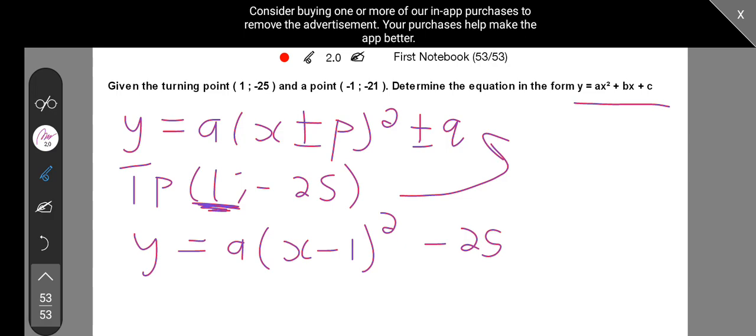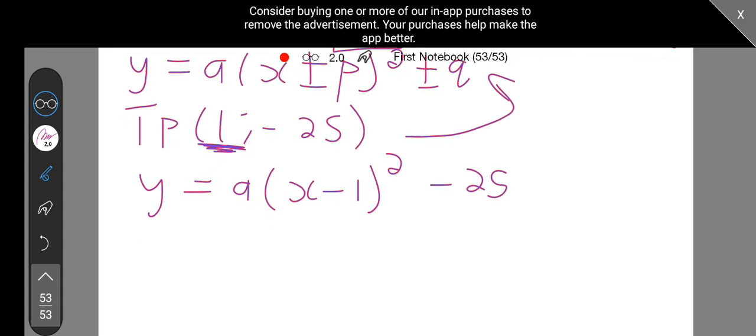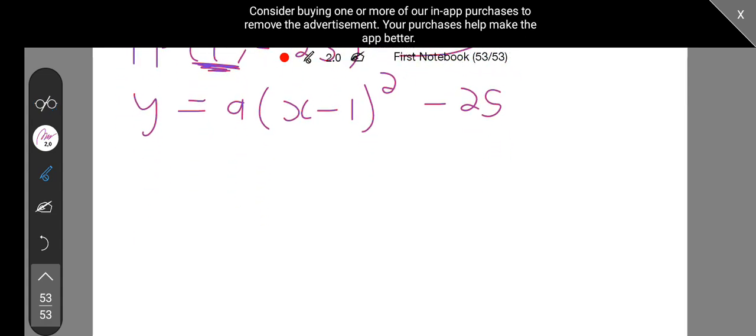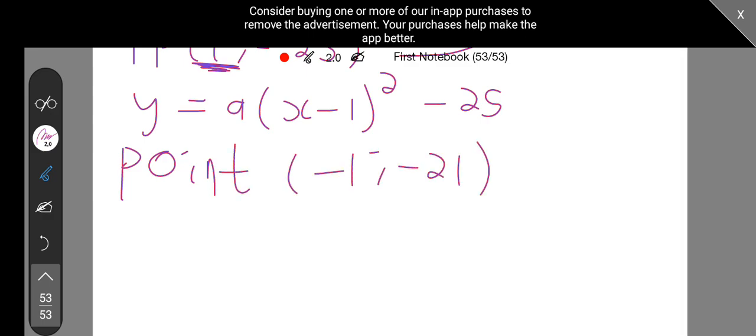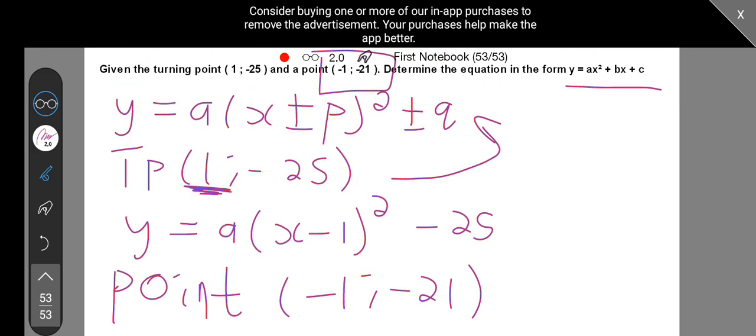After that, you are going to plug in the other point which is given, which is minus 1 and minus 21. We can just call it an additional point. Is it minus 21 or positive 21?